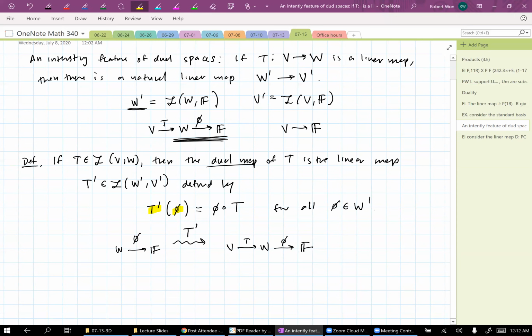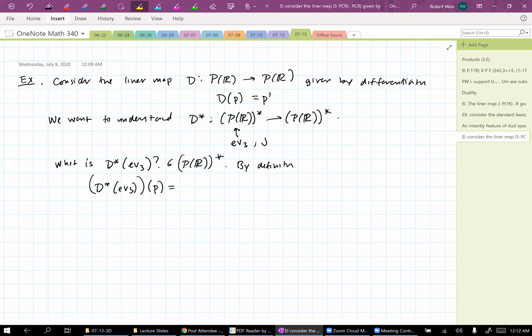If you evaluate D dual on a functional, it takes the functional and composes it with D. So what this does is evaluation at 3 of D of the polynomial P, which is just evaluation at 3 of P prime, because you differentiate first, which is just P prime of 3.